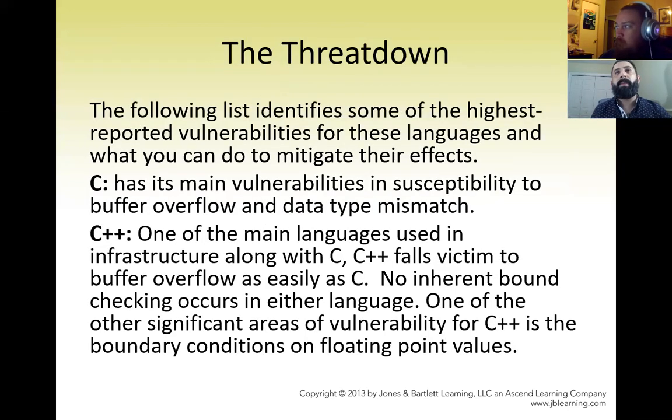If you had a programming class, you will see that we are talking about the C language and C++. Some of the highest reported vulnerabilities of these languages, and what you can do to mitigate them. C's main vulnerability is susceptibility to buffer overflow and data type mismatch in C++.